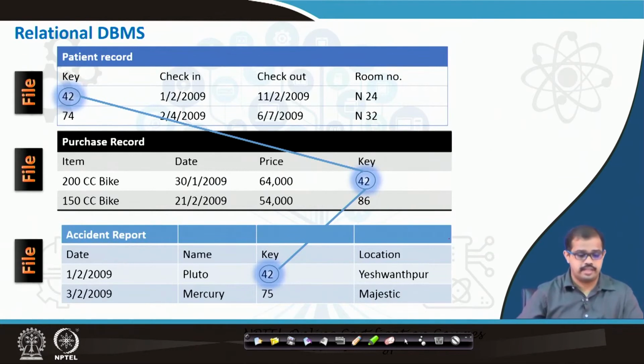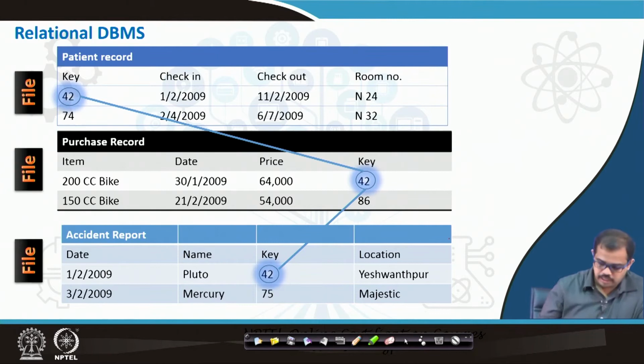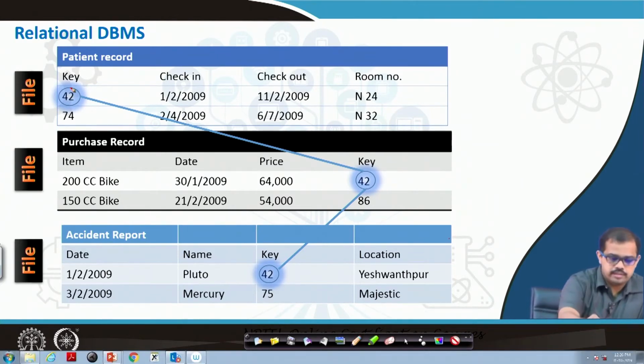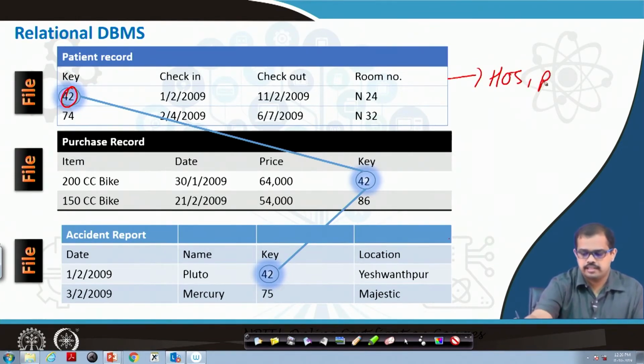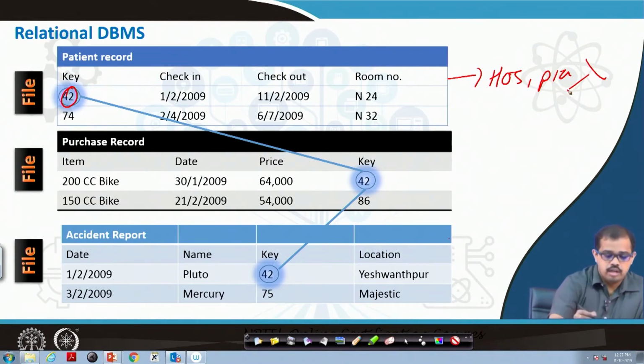And to give you an example of a database, for example, I have a primary key which is 42. This is a patient record in a hospital. Let us say we have a hospital X where we are trying to access this patient record. So 42 is the key of that particular patient, or a unique ID of that patient.